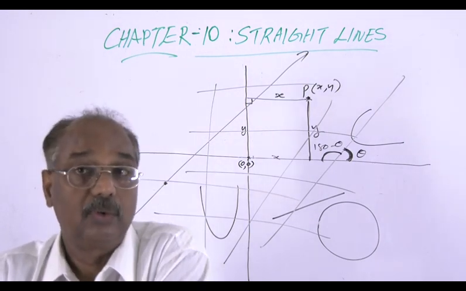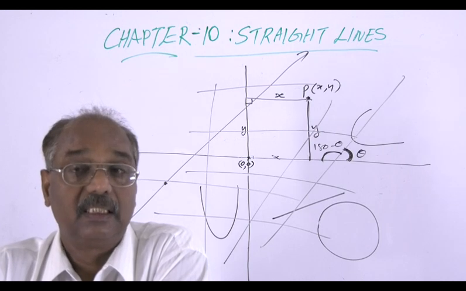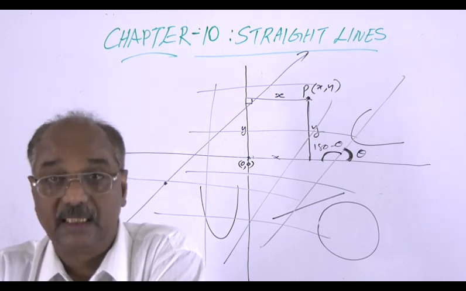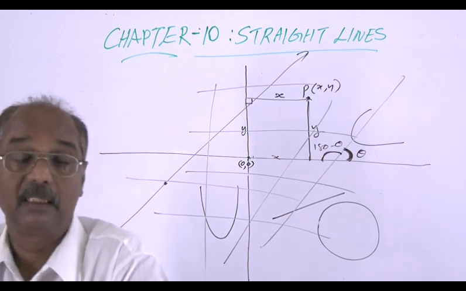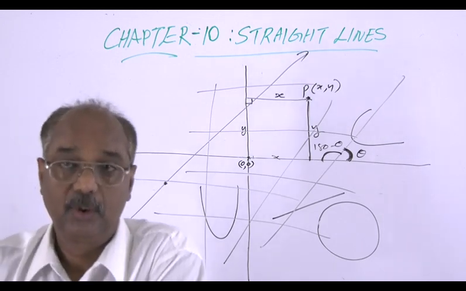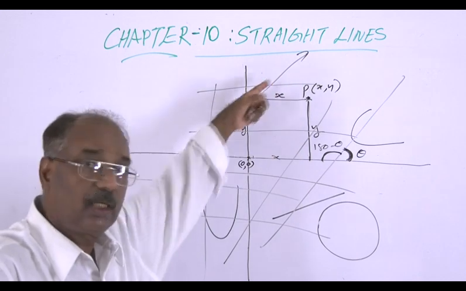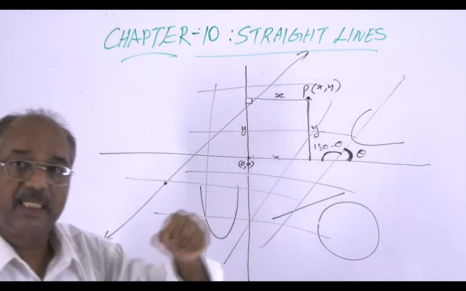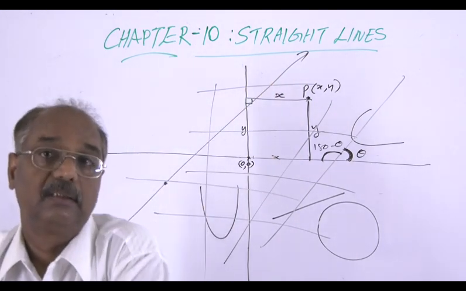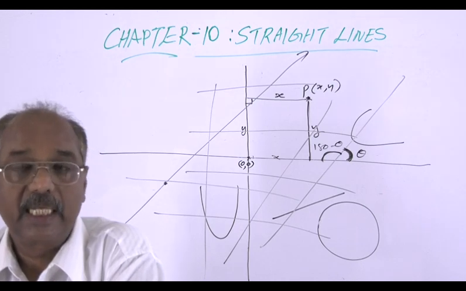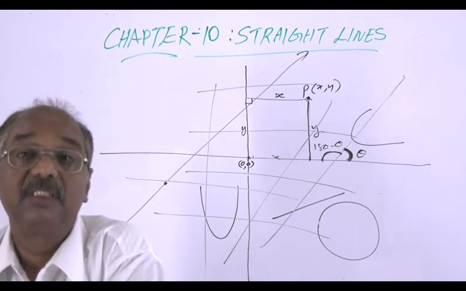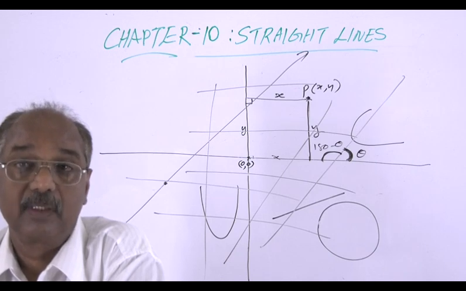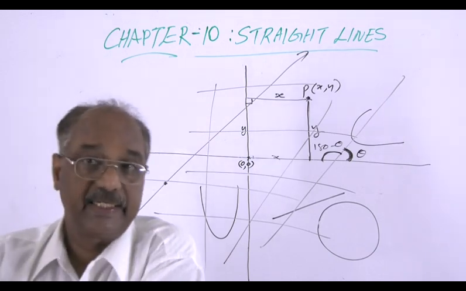And also we will discuss the equation of straight lines. How we can represent a line algebraically. Geometrically we represent it by drawing this diagram, but algebraically how can we represent it? It is a mathematical expression with which we can represent a line. We will discuss the details later.